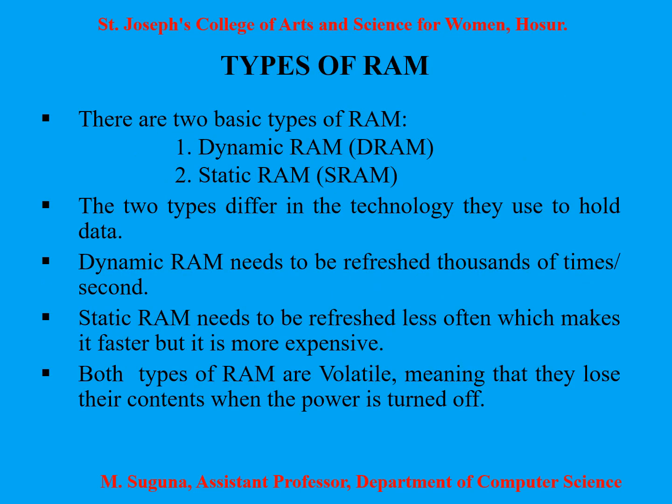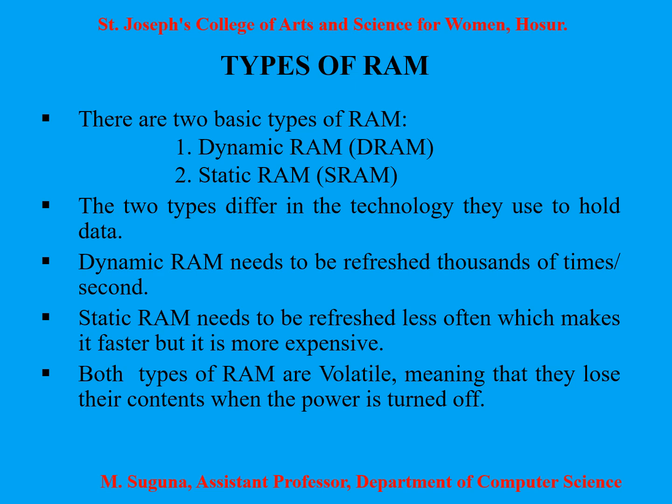See here the types of RAM. As I told you already, it is of two types, static RAM and dynamic RAM. The two types differ in the technology they use to hold data. Dynamic RAM needs to be refreshed thousands of times per second. Static RAM needs to be refreshed less often, which makes it faster but very expensive.